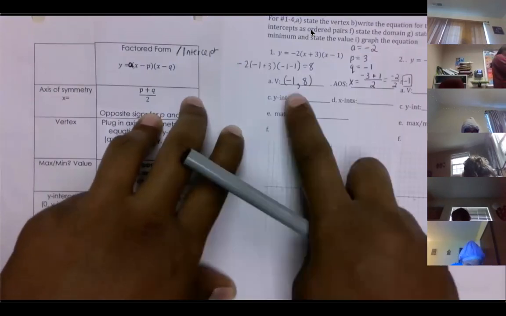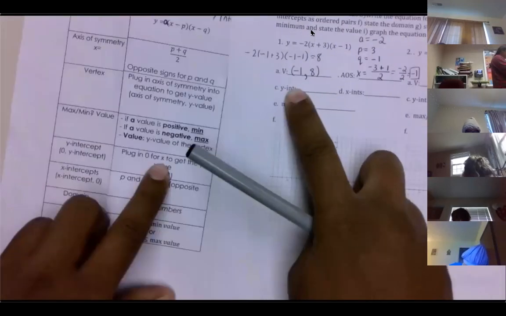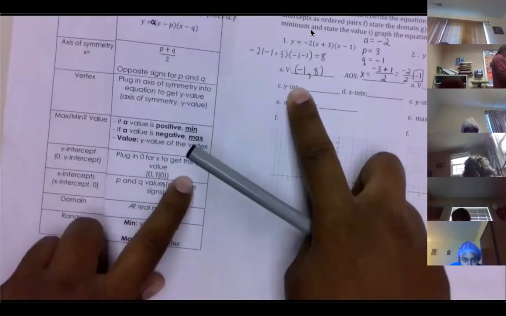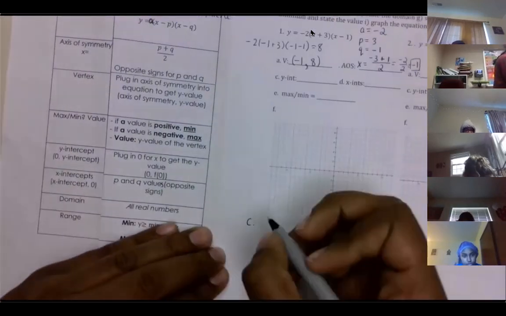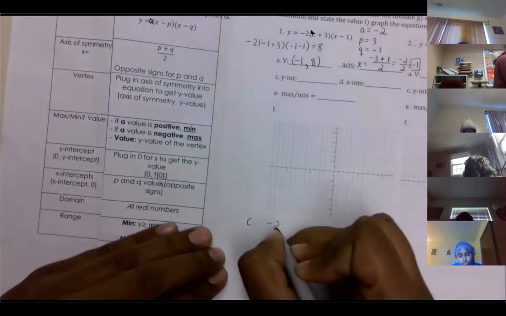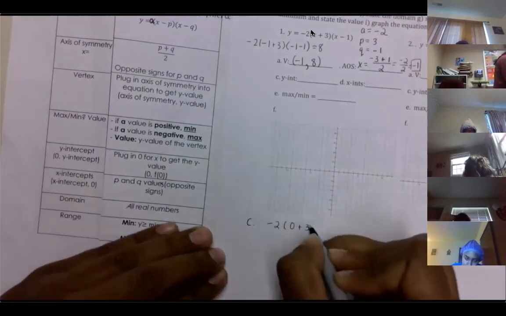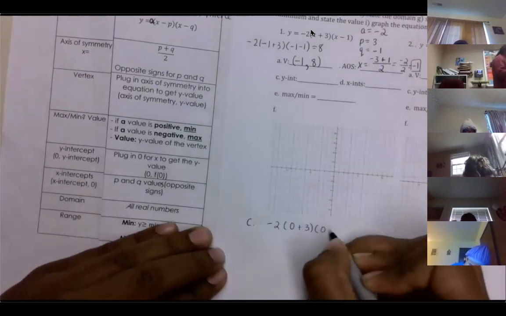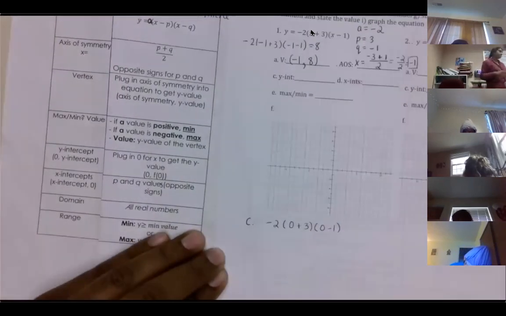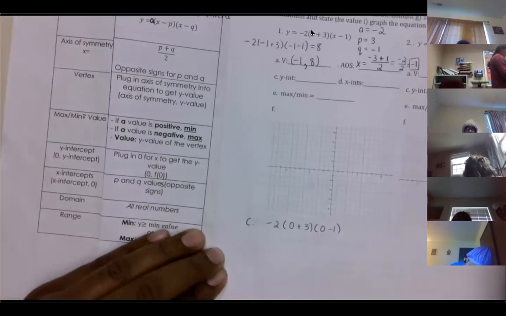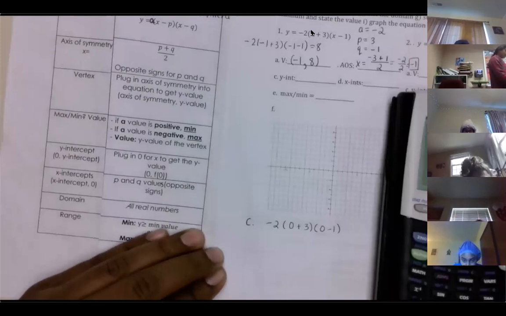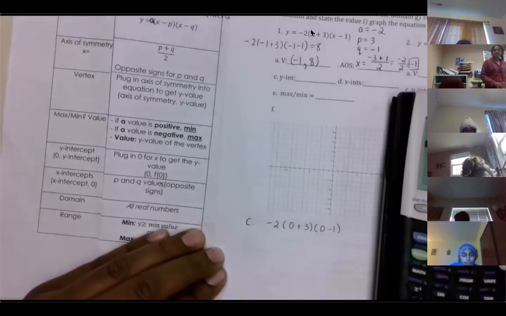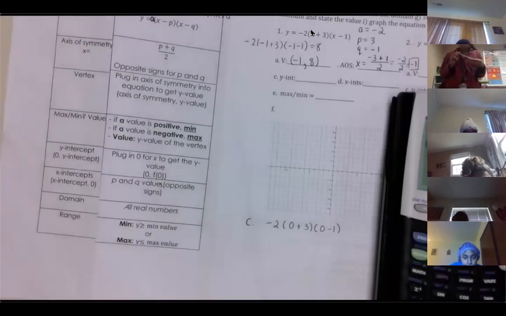To find the y-intercept, you need to plug in 0 for x to get the y value. I'm going to go down here so I have a little bit of room. Everywhere I see an x, I'm plugging in a 0. So it's -2(0 + 3)(0 - 1).